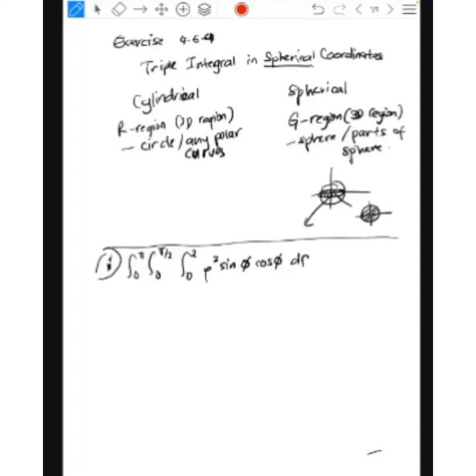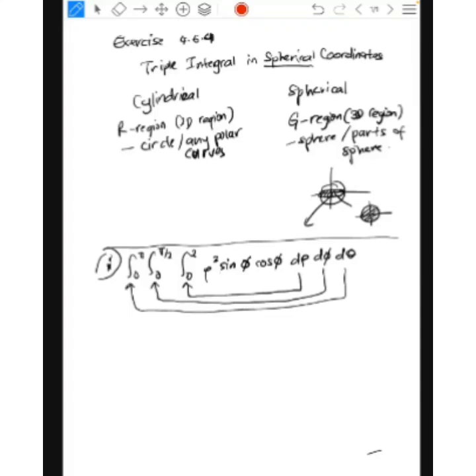This is rho, not p, called rho. Then this one is called phi, and this one is, as usual, theta. So the first limit is for rho, the second limit is for phi, and the third limit is for theta.